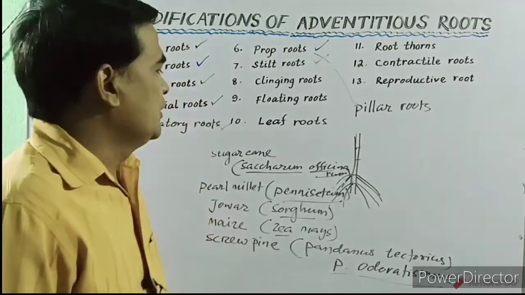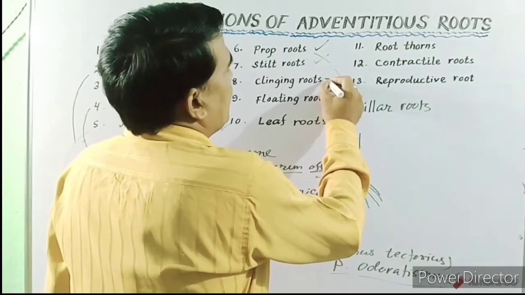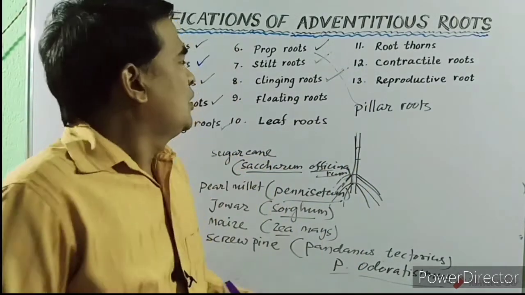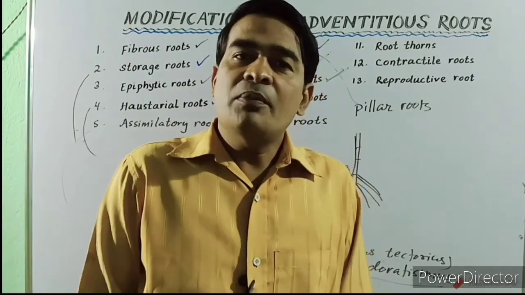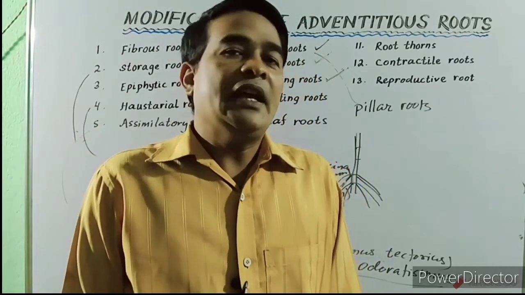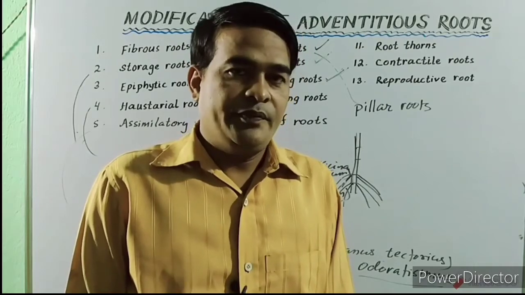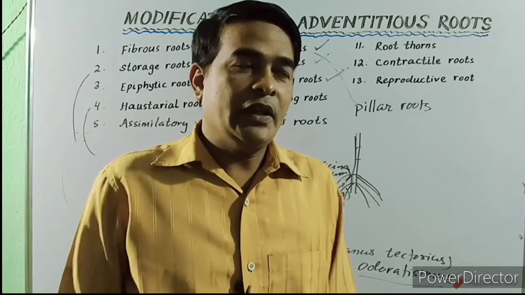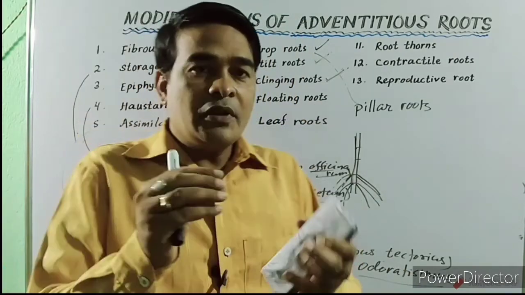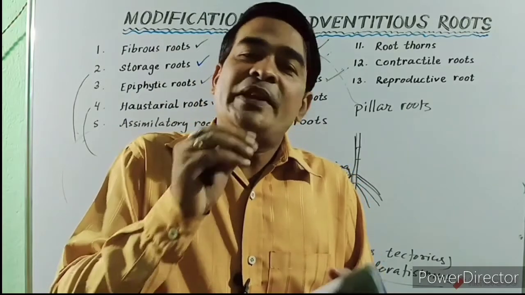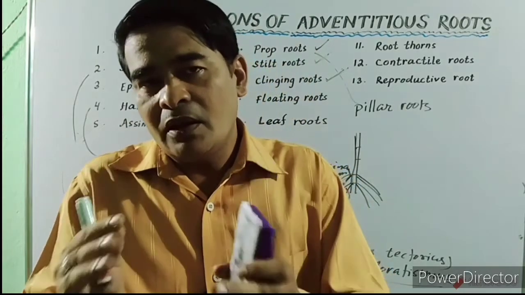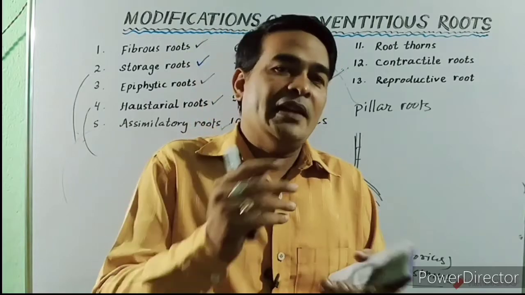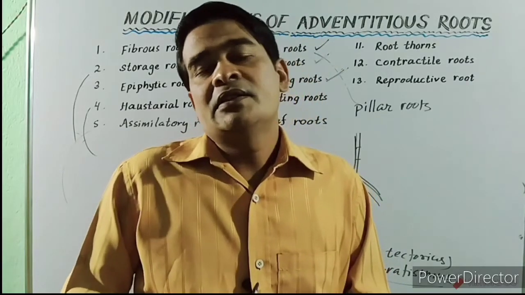Okay, then clinging roots. The clinging roots cling the plants to the support and help in climbing. Okay, they enter into the support and get fixed in them by clots or swellings or by secreting sticky substances.